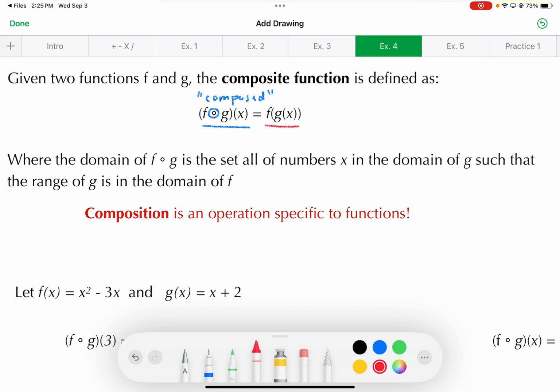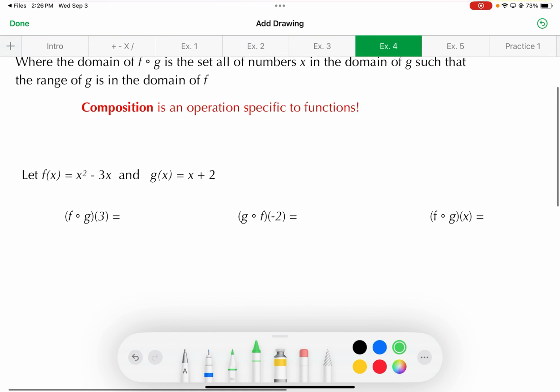Basically, what that statement is saying is that the range values from the inner function, in this case g of x, whatever those output range values are, they turn into the input domain values of the outer function. They go from being y values on the inner function to being x values on the outer function. Okay? All right, so some examples.